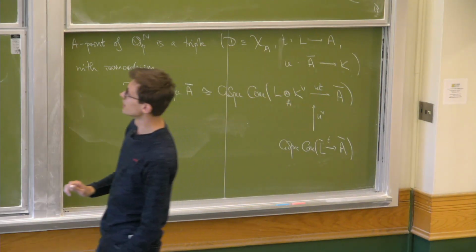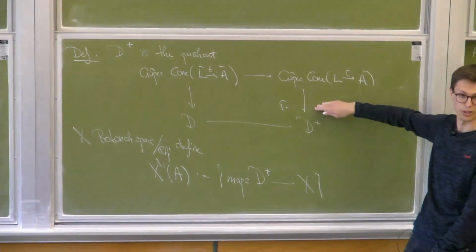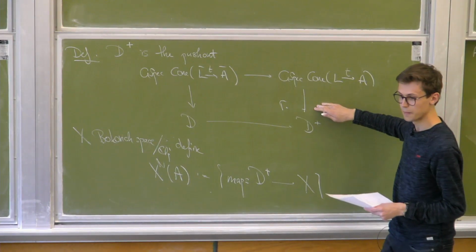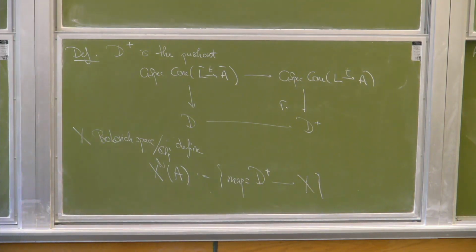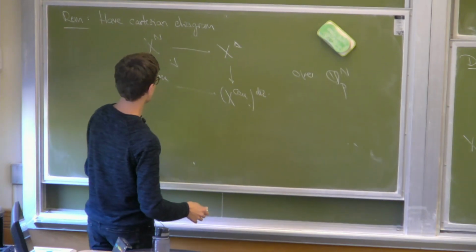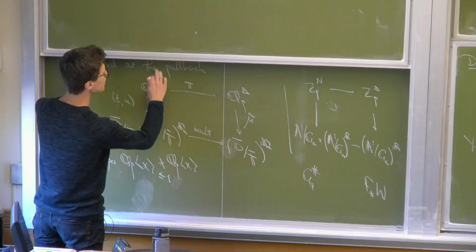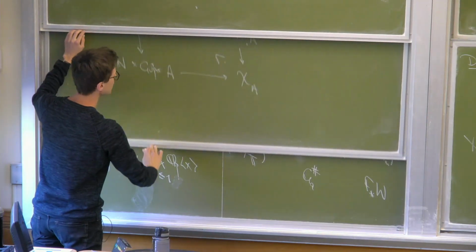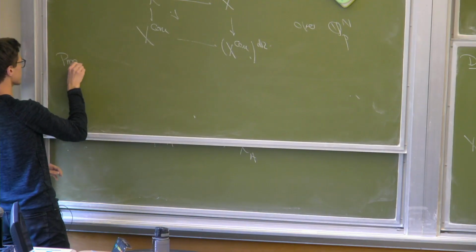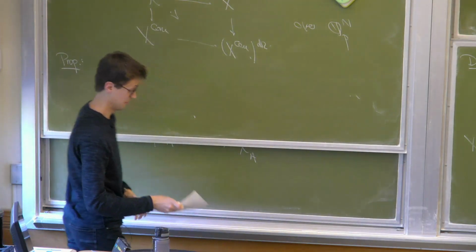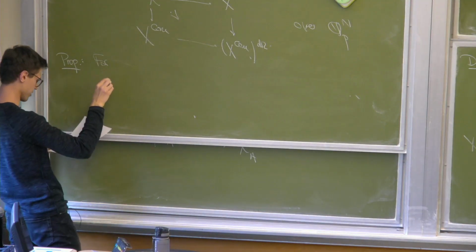And this diagram is a pullback precisely because this is a push out in derived Berkovich spaces. Now the most important result will be concerning the geometry of the stack.